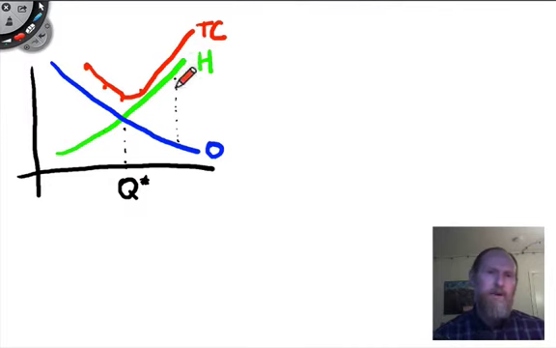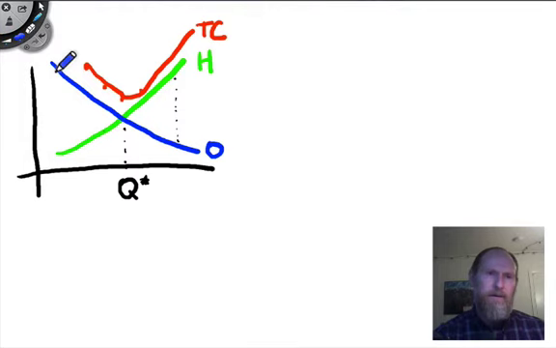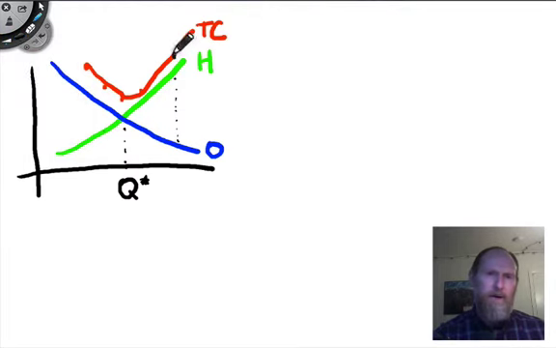So if we go out here, for example, we would not only have a higher total costs, but the holding costs would be much higher than the ordering costs.